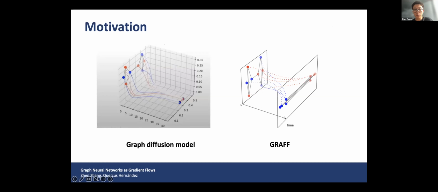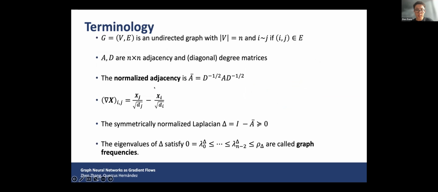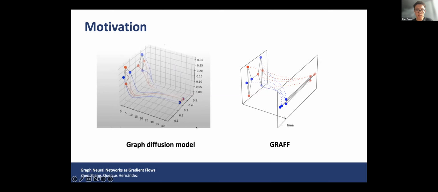So they compare two different models. One is the graph diffusion model that Quercus discussed at the beginning, and the other is their own architecture, GRAFF. Let me explain this figure, and I think this is very important. On this figure, the horizontal axis represents time, or the number of layers in the graph neural network, and the y-axis represents the node features or node attributes.